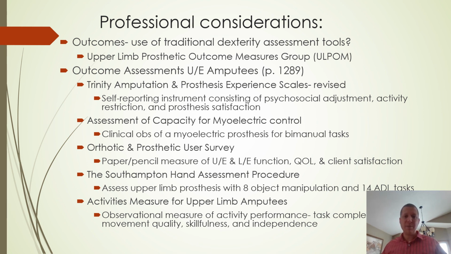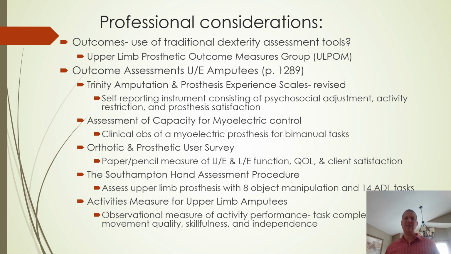The Assessment of Capacity for Myoelectric Control, and so this is just a clinical observation tool for bimanual tasks with using myoelectric prosthetics. An Orthotic and Prosthetic User Survey. So this is paper pencil, measuring overall function, quality of life, and satisfaction. The Southampton Hand Assessment Procedure assesses upper limb prosthesis with 8 object manipulation and 14 ADL tasks.